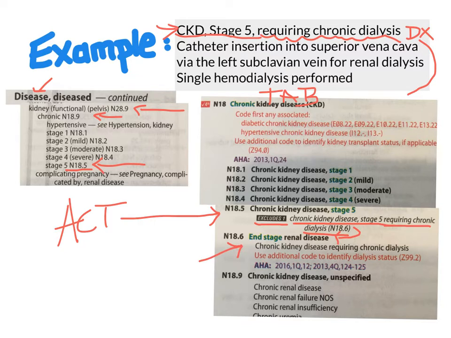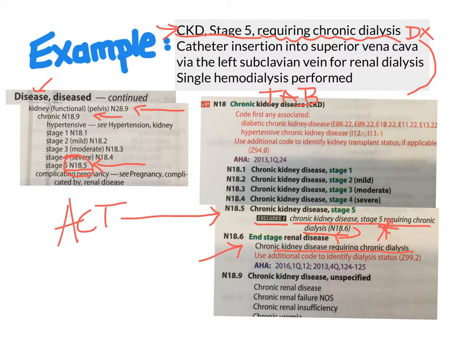And then you'll also see a little helpful note here, chronic kidney disease requiring chronic dialysis. So, again, we're not being led to the exact right place from the alphabetic index. Again, checking that tabular list.